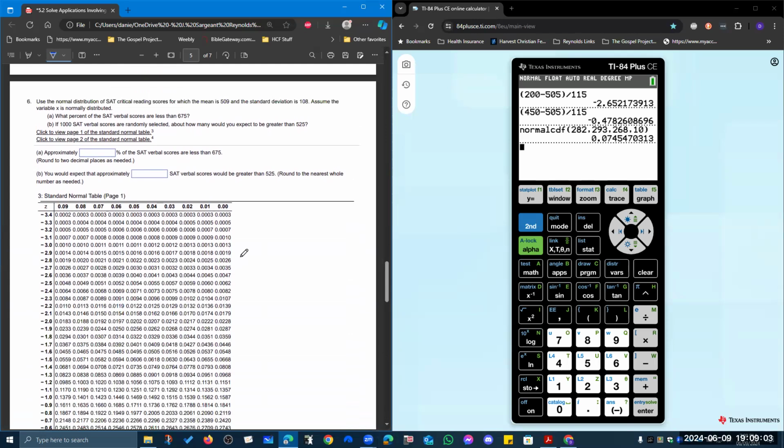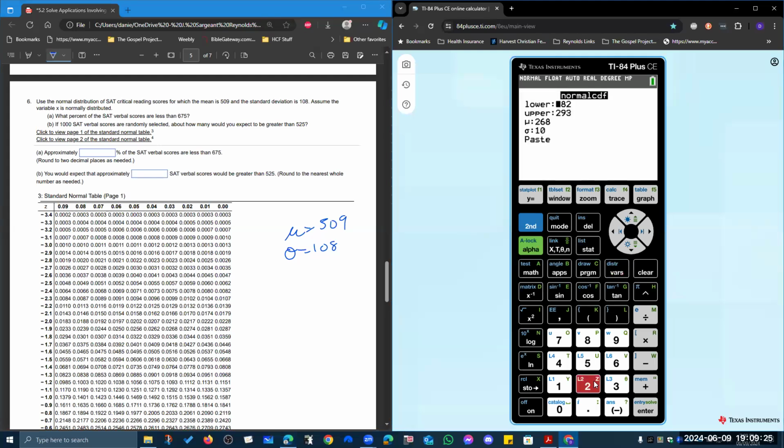Now let's use the normal distribution of SAT critical reading scores, for which the mean value is 509 and the standard deviation is 108. So again, just going to use technology here because I'm almost certain that's what MyLab did, even though they gave us the table here. So mean is 509, and this is 108.